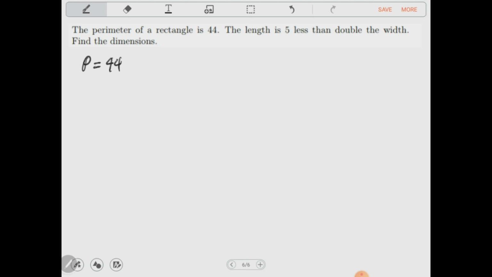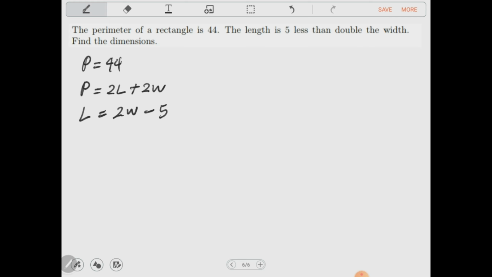Then I think we need the formula of the perimeter for the rectangle, which is P is equals 2L plus 2 width. Another thing that we can consider is that the length is 5 less than double the width, so let's double the width and then less it by 5. So we have the value of our length.